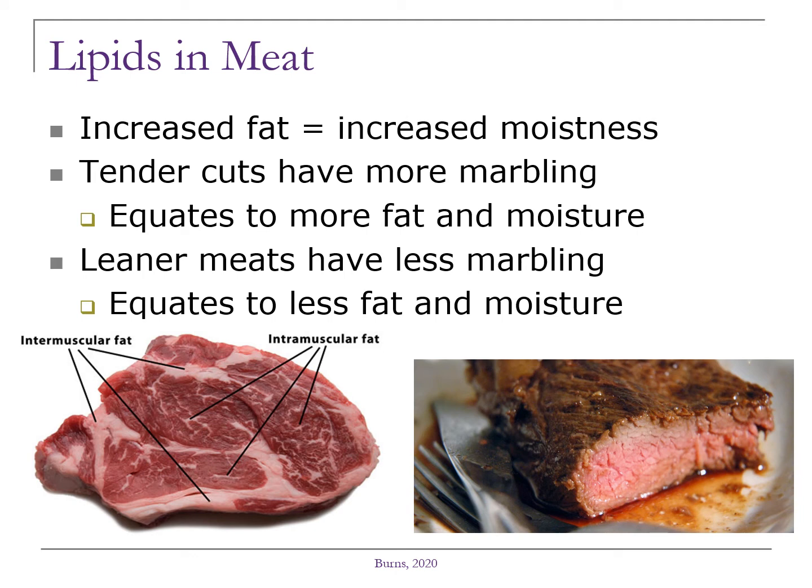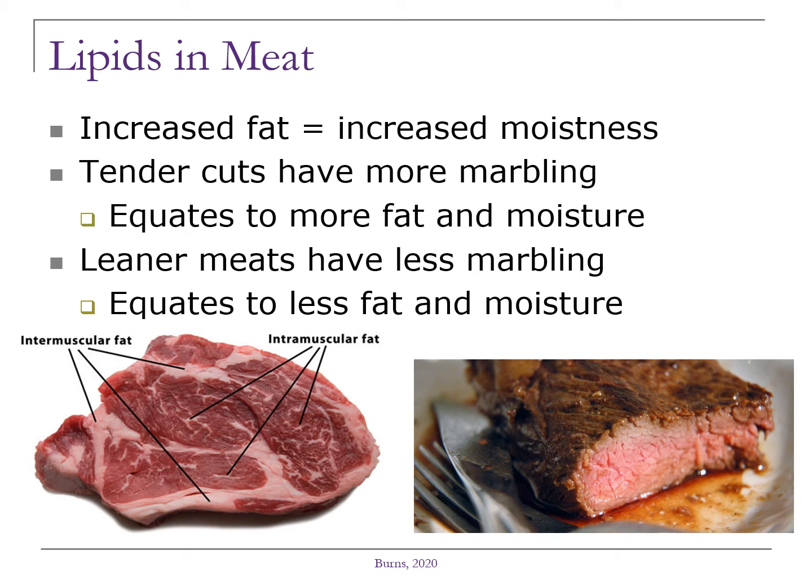When we look at lipids in meat, we think of this perception of moistness or juiciness. If you remember there, looking there on your left, we've got the different types of fat. We've got the fat that surrounds the outer cut of the meat, the intermuscular fat, and then we've got the intramuscular fat or the marbling.